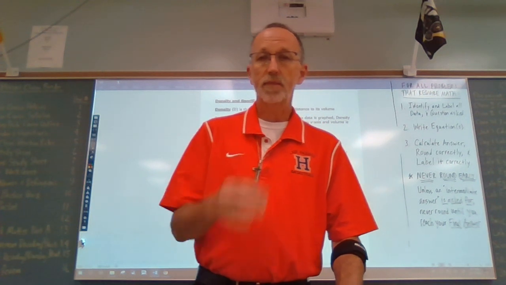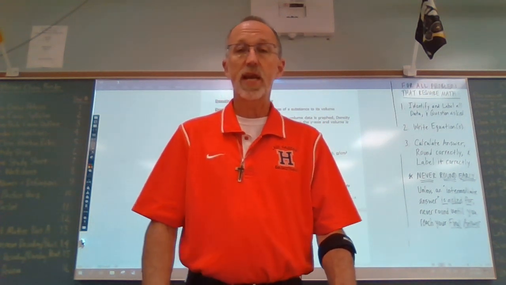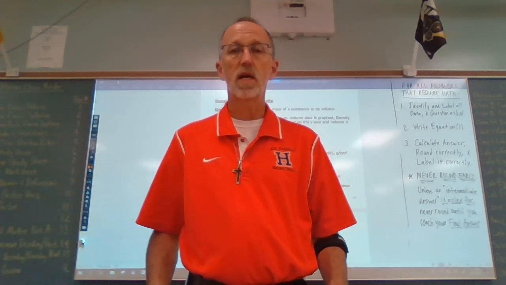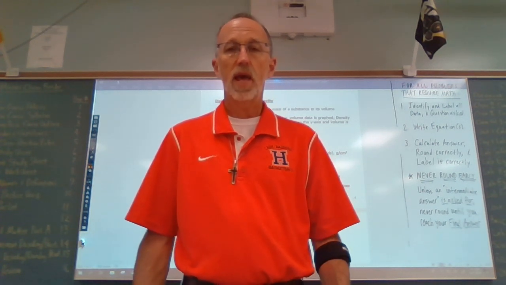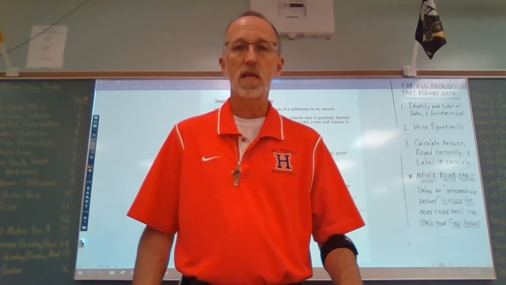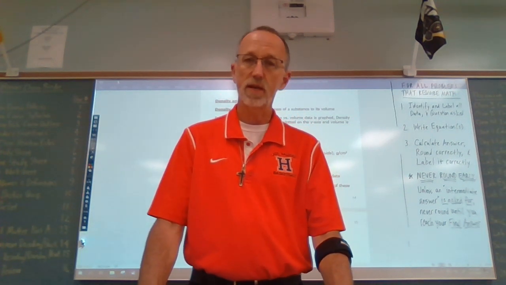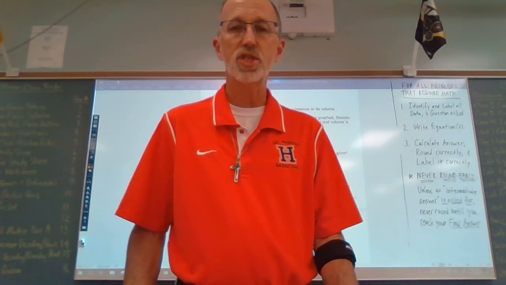Okay, so we finished up yesterday looking at mass and volume and density, and how density comes about based on the ratio of mass to volume. When you plot mass versus volume of a particular substance, you end up with a straight line with a positive slope. The slope of that line, remember, is the change in y over the change in x.